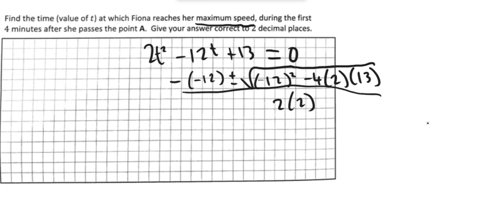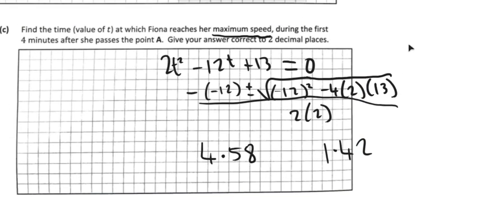So you need to put both into the calculator with a minus and a plus. So you'll get 2 answers. One is 4.58, and the other one is 1.41, 1.42 we'll just say when you round it off.